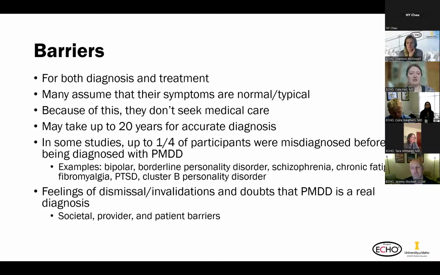One of the studies I was looking at, which interviewed patients, showed that it can in some cases take up to about 20 years to get an accurate diagnosis. And hopefully now that there's more recognition of this, that number of years to getting the correct diagnosis will go down.